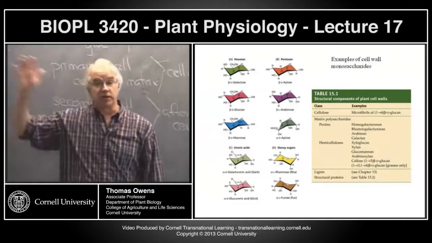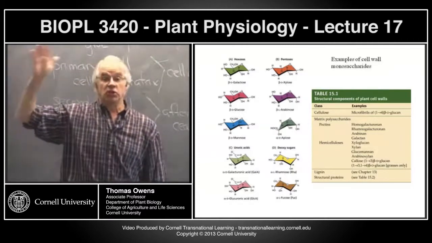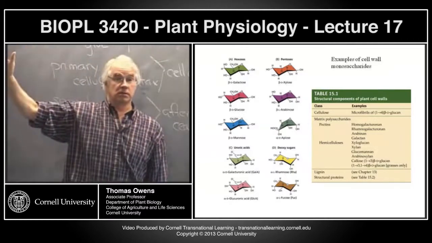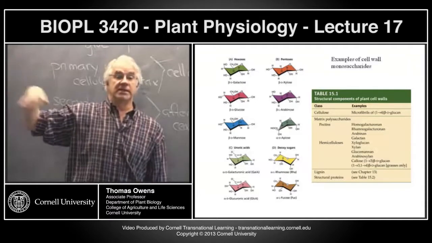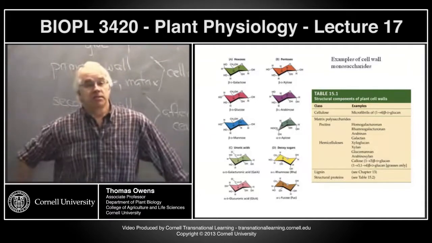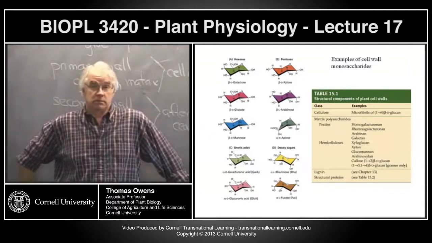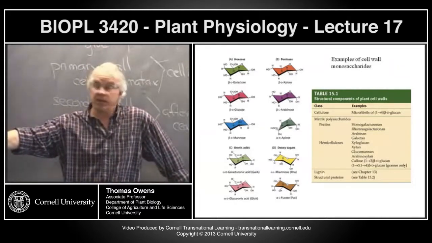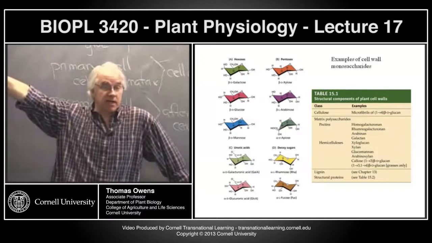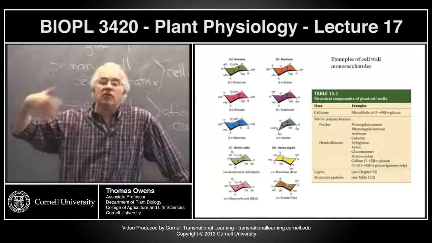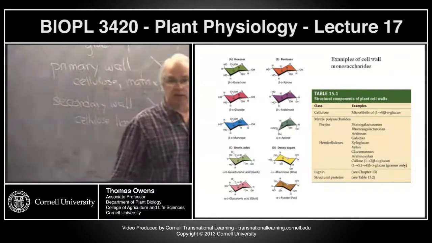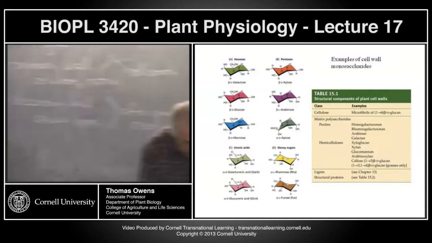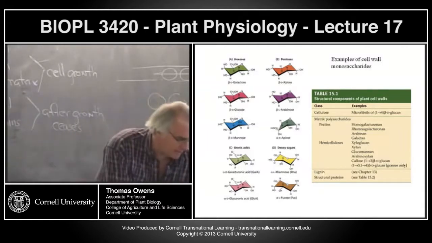Okay, so you could use the characteristics of cell walls as a phylogenetic key to determine this plant is in this family and this plant is in this family, because some of the monosaccharides that are present in the cell wall follow these phylogenetic patterns in the same way that secondary products do. Okay.